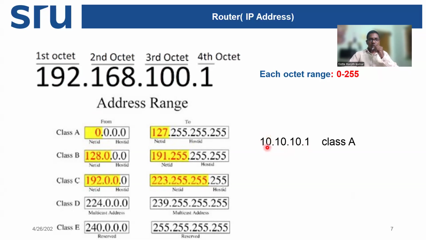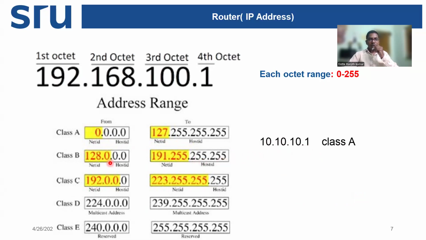If you observe the first value, this is 10, and 10 is in the range 0 to 127. So when the first byte number is in the range 0 to 127, we can decide this is a class A address. Once it is a class A address, the first byte represents the network address and the remaining 3 bytes represent the host address.